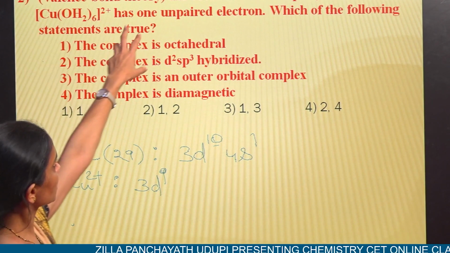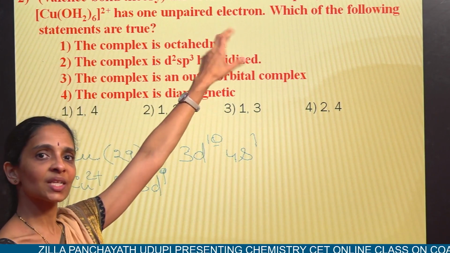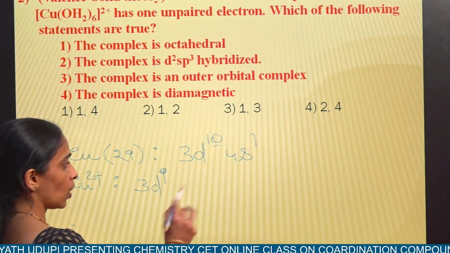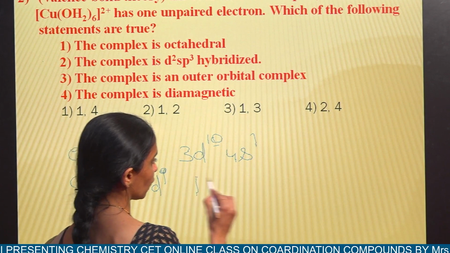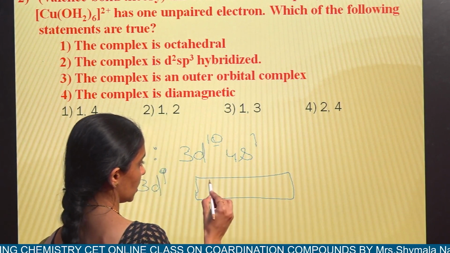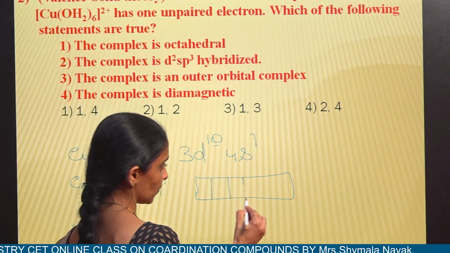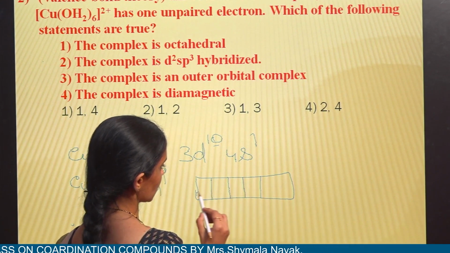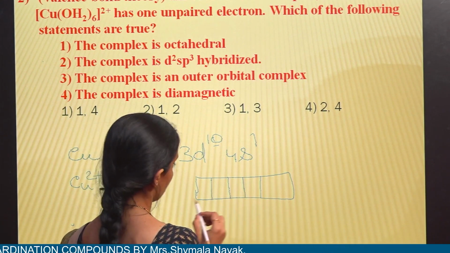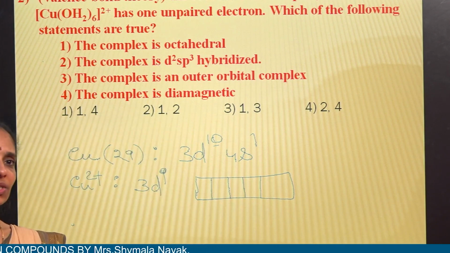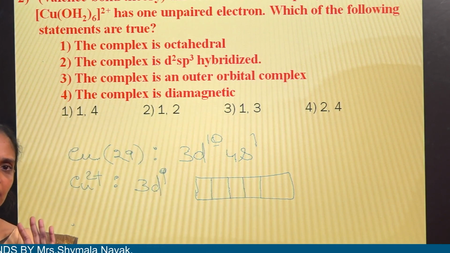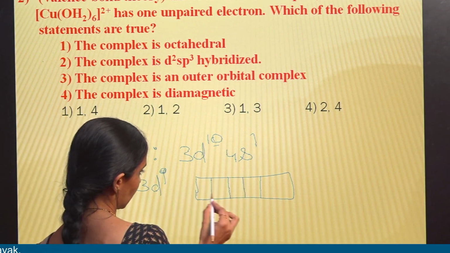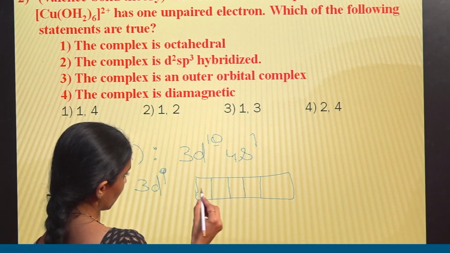It is given that this particular complex has one unpaired electron. So how do you write the box diagram for this configuration? Even if it is not given that one unpaired electron is present, it is understood. For d9 configuration, you cannot have any other choices.